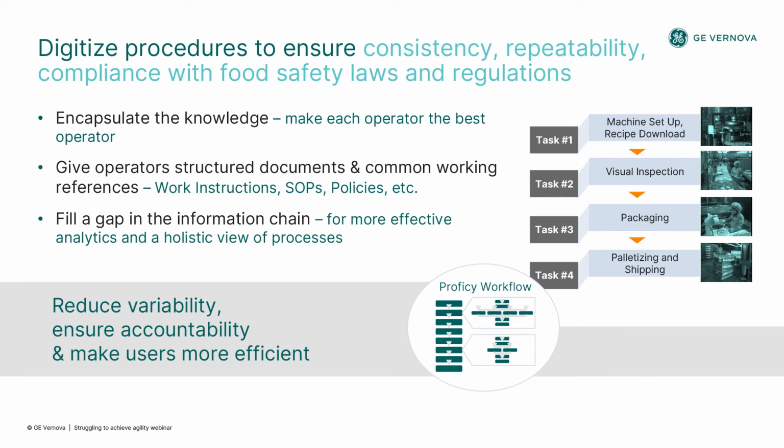And all this put together, especially this last part I talked about with giving accountability and really empowering them, reduces the variability across your organization. And it makes not just the operators more efficient, but everybody more efficient. The schedulers are more efficient because they understand how fast this particular crew can run.